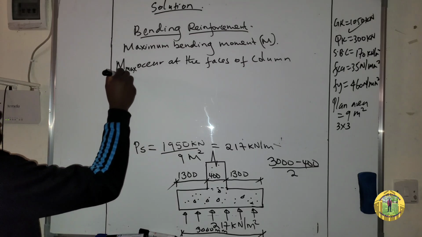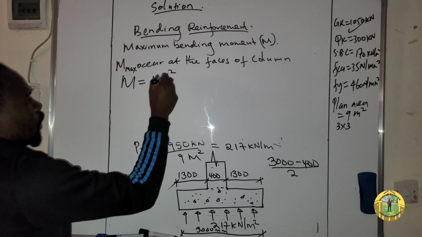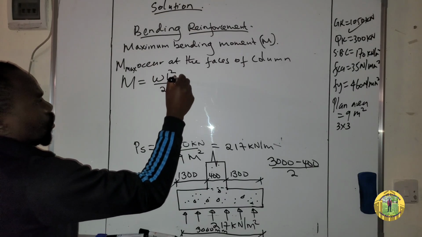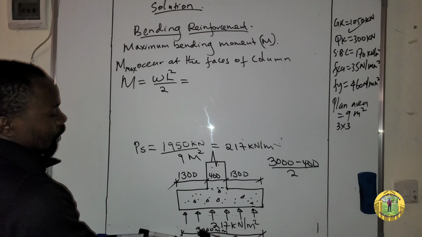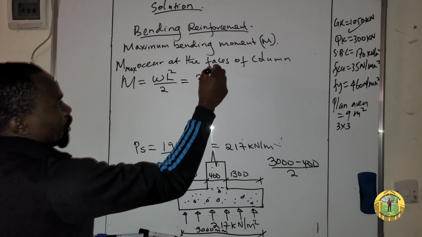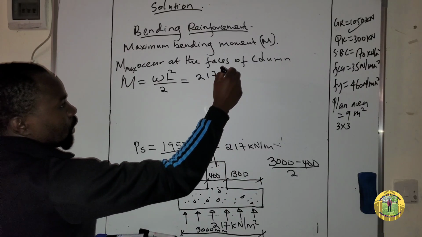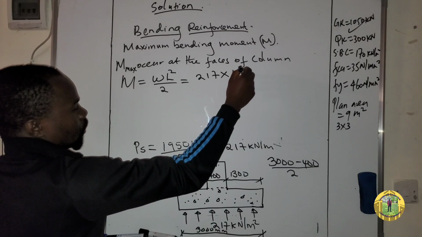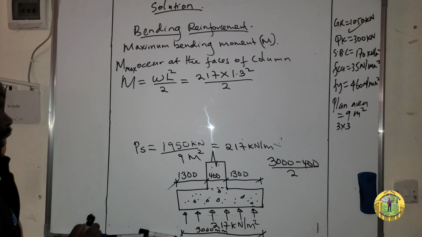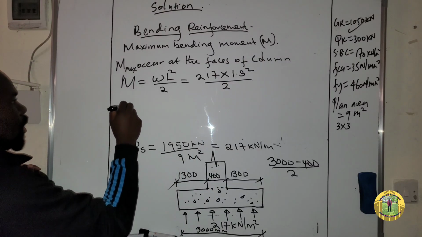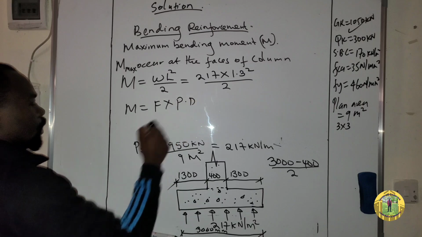So M is equal to WL square all over 2, which is equal to, our W is the ground pressure, or the earth pressure, which is 217, times L. L is this distance from here to here, which is 1.3 square over 2.